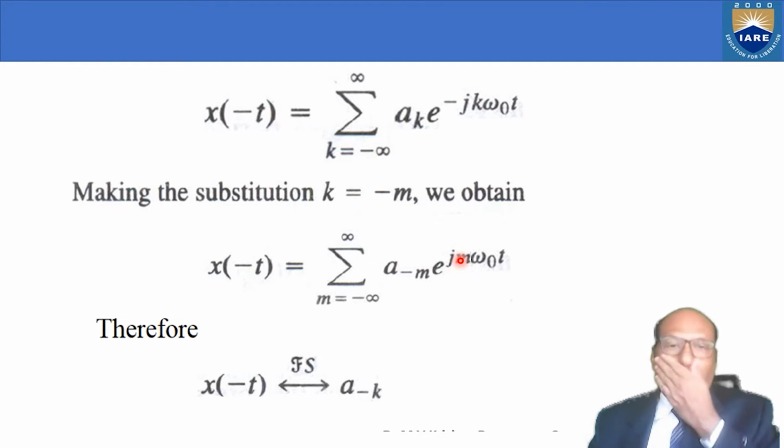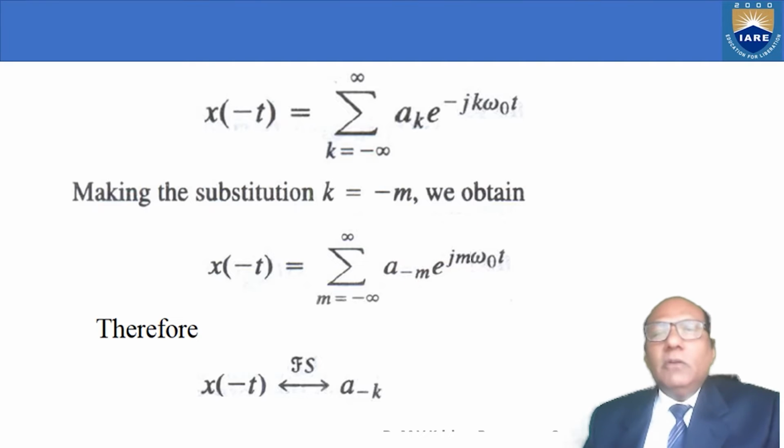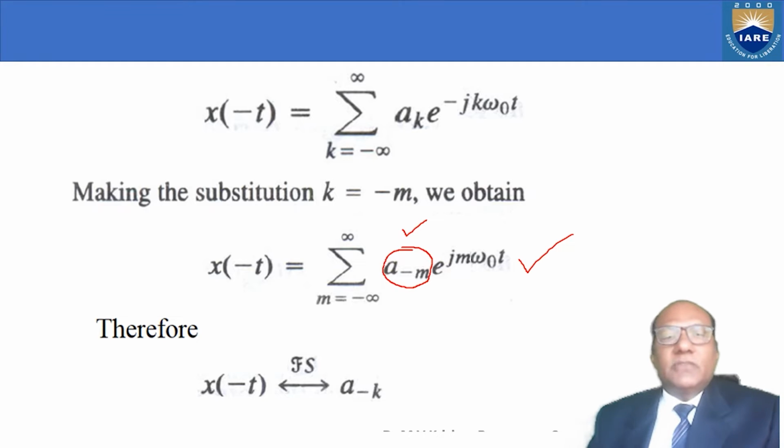Okay, so now what is this equation? Here I have a Fourier series equation again whose coefficients are a_minus_m. Because I used minus m here, instead of that I can use k, and this becomes minus k, because it doesn't matter what index variable I am using.